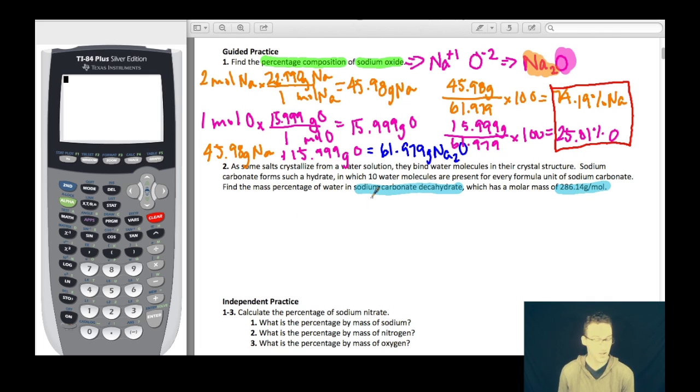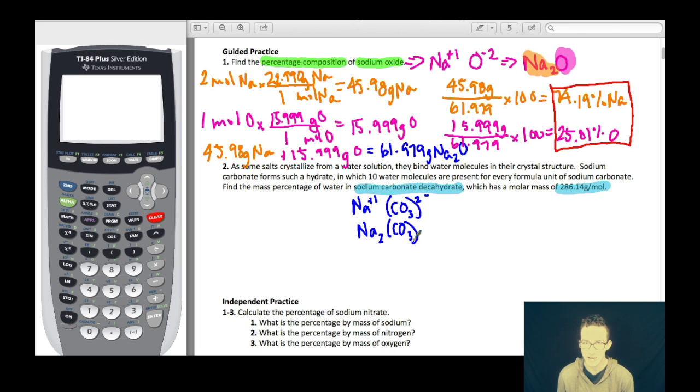Again, same thing. We are never going to be able to solve this problem unless we know our nomenclature. So as I look at this problem, sodium is Na plus 1. Carbonate, coming from the camel in the Nick the Camel sentence, is going to be CO3 2 minus, which means my ionic compound is going to have a formula of Na2CO3.